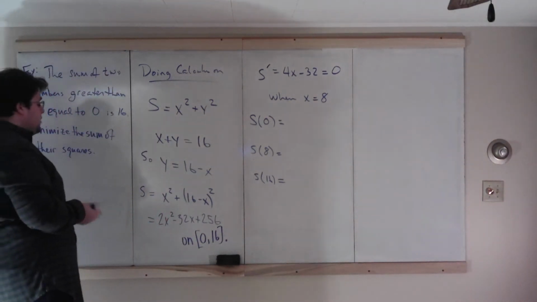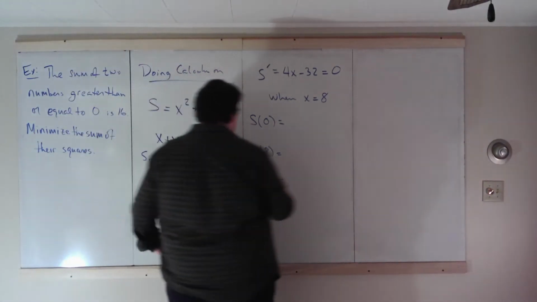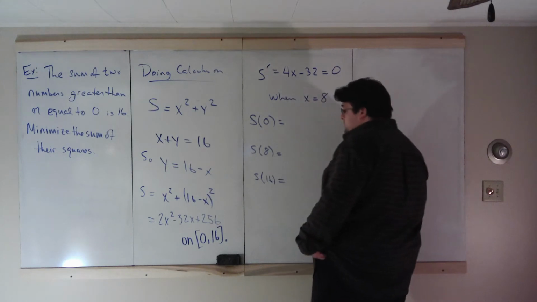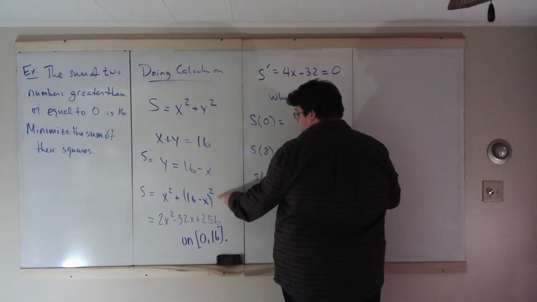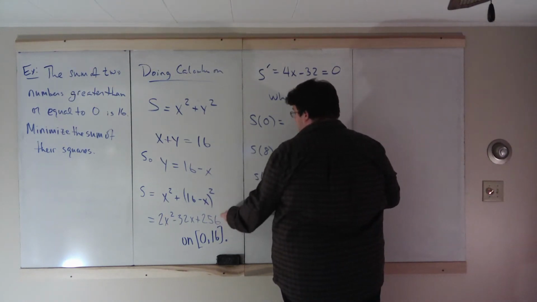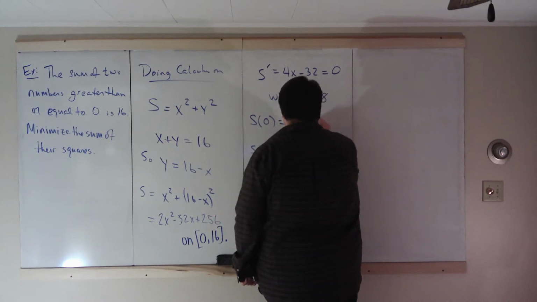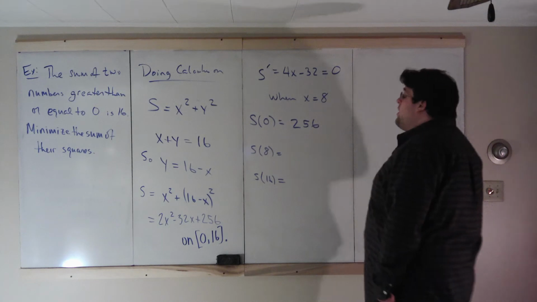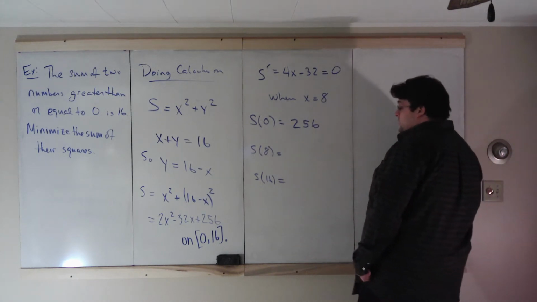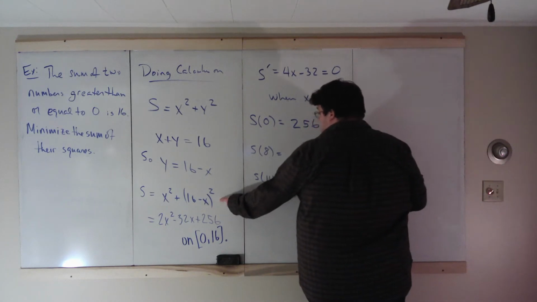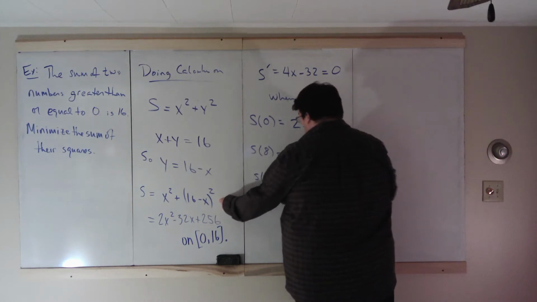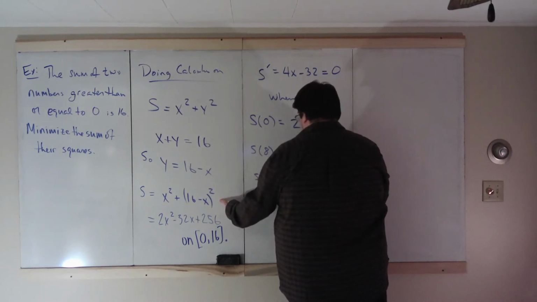The sum at 0. It might be easier to use this equation up here for some of them, or this one. For 0, this equation is easier, I would say. And you get 256. For 16, I would say this equation is easier because it's just 16 squared, which is also 256.